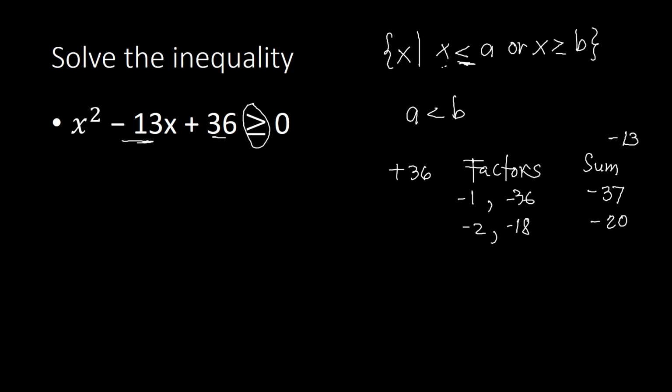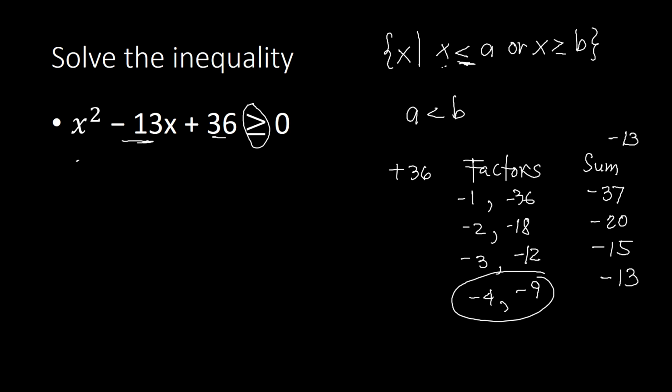Next, we have negative 3 and negative 12. Adding that up, this is negative 15. Since that is not the one, we move to another number: negative 4, and its partner is negative 9. Adding that is equal to negative 13. So there you go with your factors.